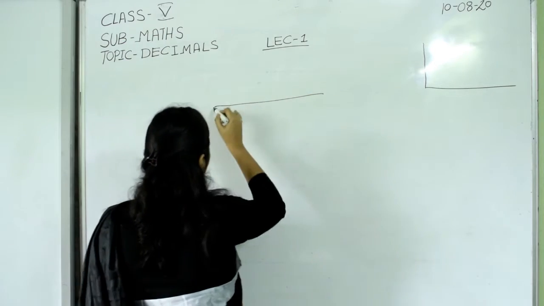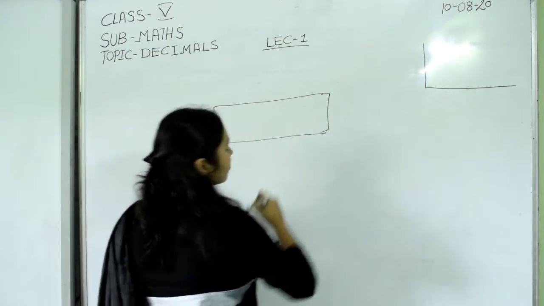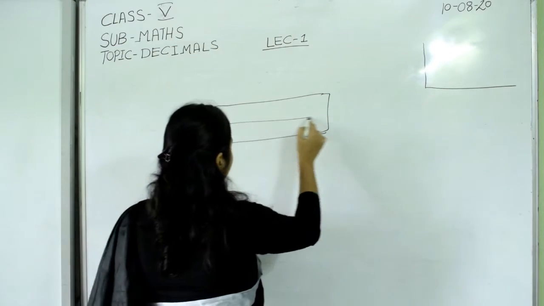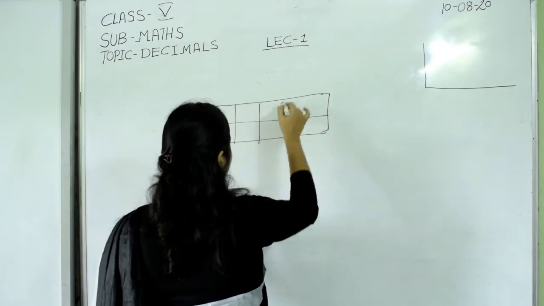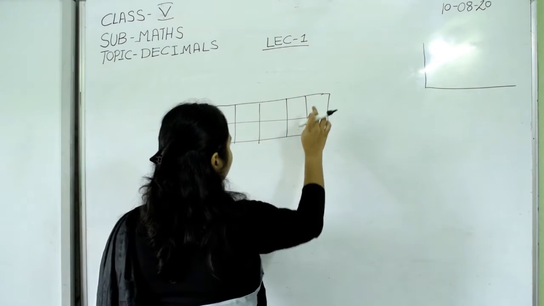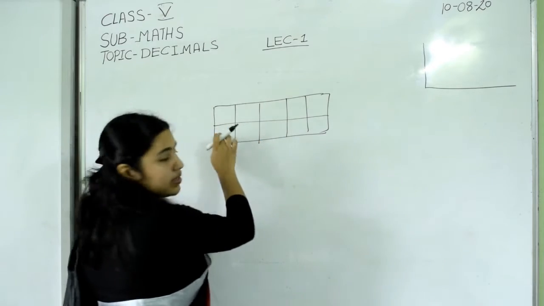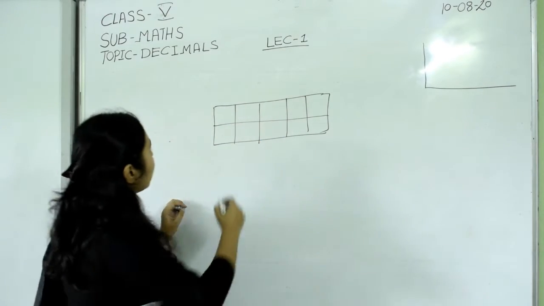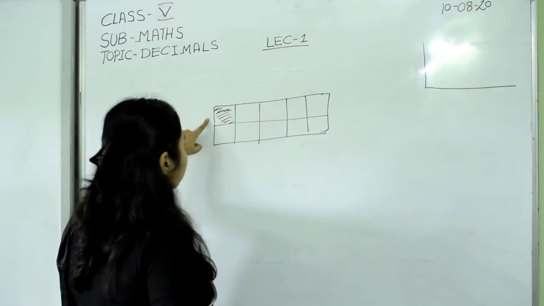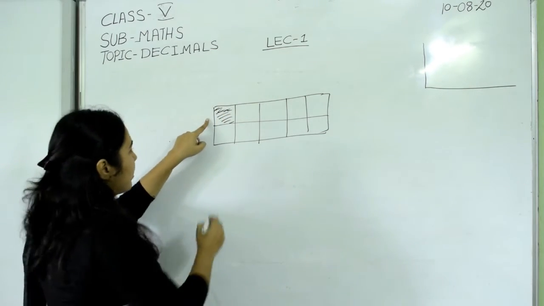Suppose this is a chocolate, okay? Now divide this chocolate into 10 equal parts. 1, 2, 3, 4. 1, 2, 3, 4, 5, 6, 7, 8, 9, 10. Okay, then each of these parts is known as 1/10.